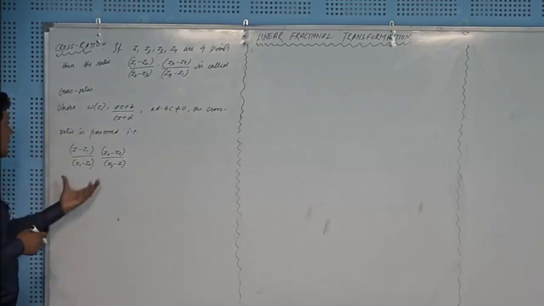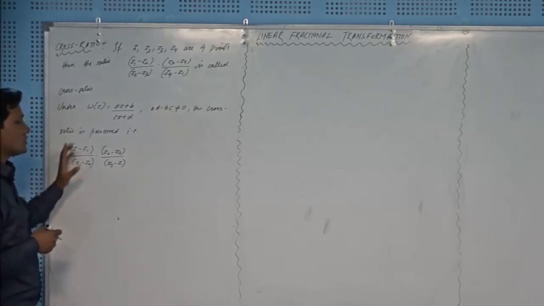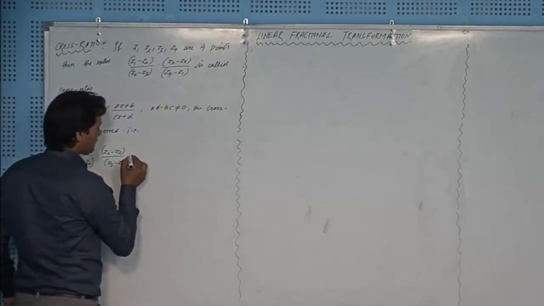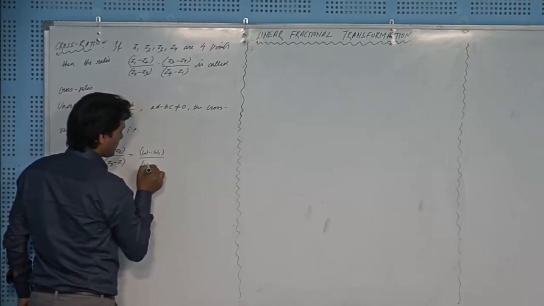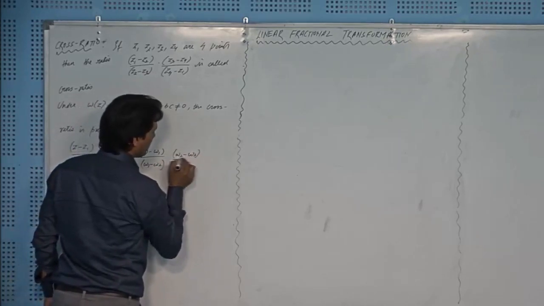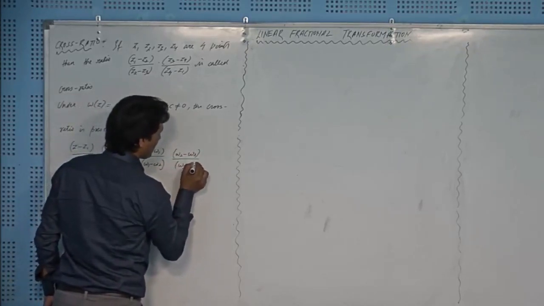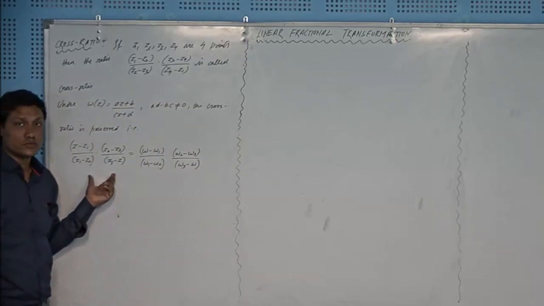Otherwise I will get a number here. So that is why I have used z, z1, z2 and z3, and similarly here W minus W1, W1 minus W2, W2 minus W3 and W3 minus W. This is called the preservation of cross ratios.